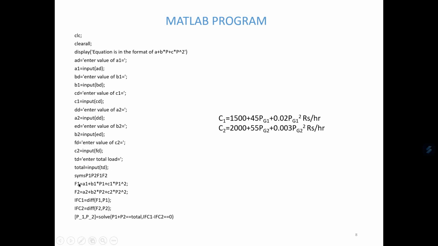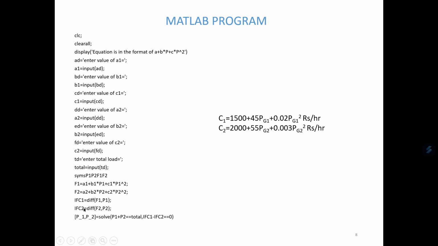Then the fuel cost equation of generator 1 is denoted as F1 is equal to A1 plus B1 into P1 plus C1 into P1 square. Fuel cost equation for generator 2, F2 is equal to A2 plus B2 P2 plus C2 P2 square. Then the incremental fuel cost of equation 1 is calculated by DIFF of F1 with respect to P1.